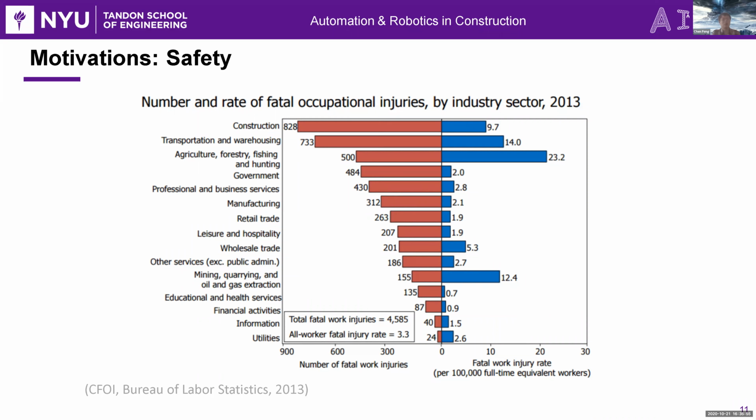It's top 1. Even though the ratio may not be the largest, it's still among the top 3 or 4, but the absolute quantity is the largest. So if our research in robotics for construction can help reduce even just a few numbers here, I think those are significant, because those are not just numbers.